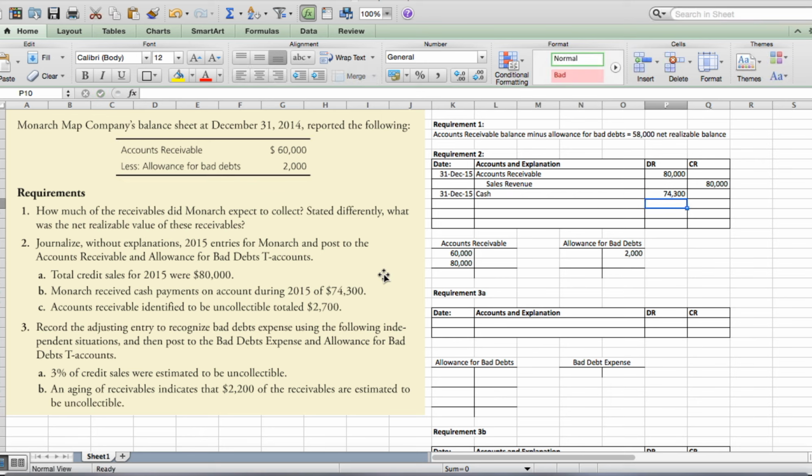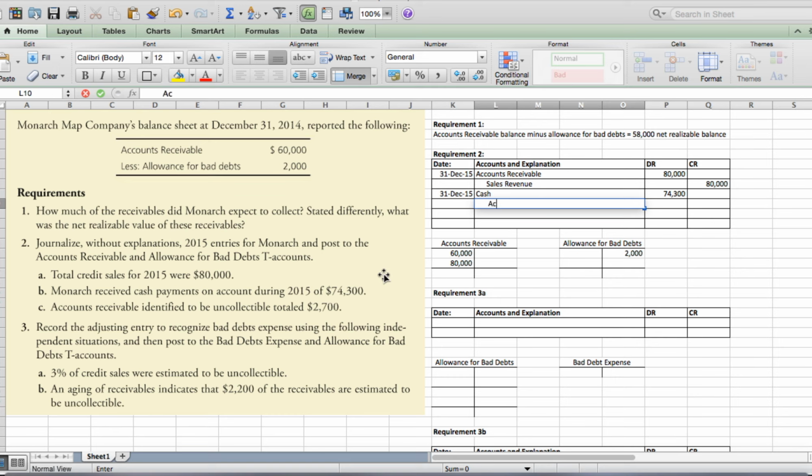Cash is not one of the two accounts I'm looking at for the T-chart, so I don't need to record it there. My credit is going to be something to reduce what's in my accounts receivable account, because I need to show that $74,300's worth of accounts have now been taken care of or paid off.